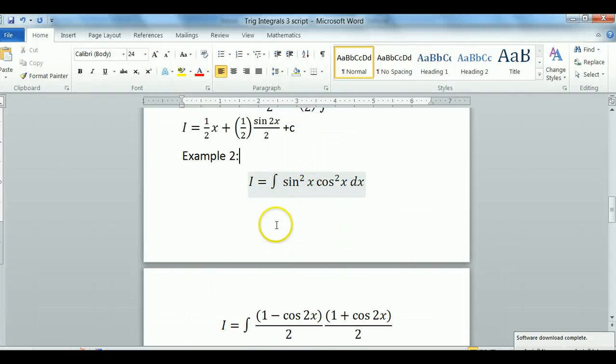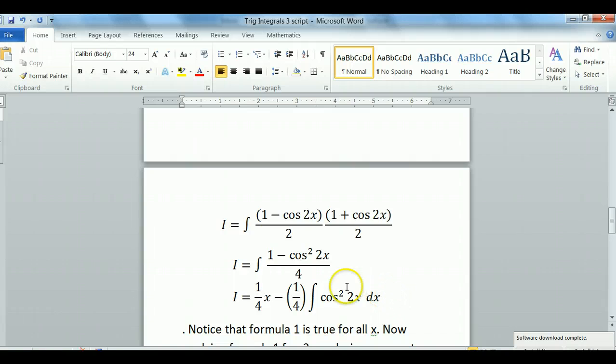So sine squared x becomes 1 minus cosine 2x over 2, and cosine squared x is 1 plus cosine 2x over 2. Now, this is like a difference of two squares, a minus b times a plus b. So if you distribute it out, you get the square of 1, which is 1, minus the square of this, which is cosine squared 2x, and below you get 4.